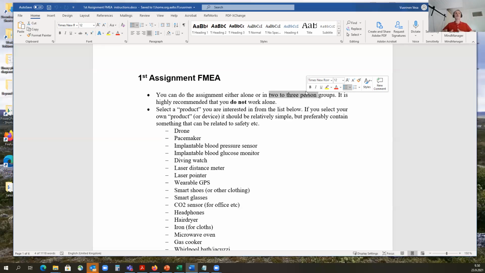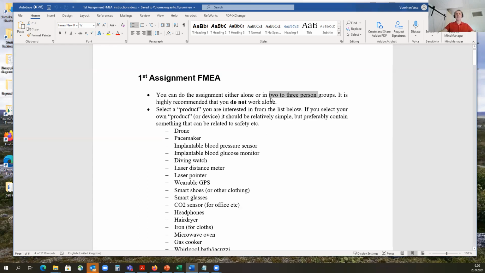Because I'm only afraid that either you take too complex products, or you don't have reasonable failure modes for every student to work on. So please keep me informed if you want a group larger than 3. But really, I would recommend that you do it in groups of 2 or 3 persons. That will be much easier for you. You will end up getting better grades, and everything will be much nicer.